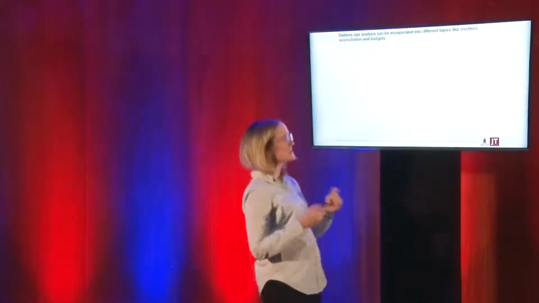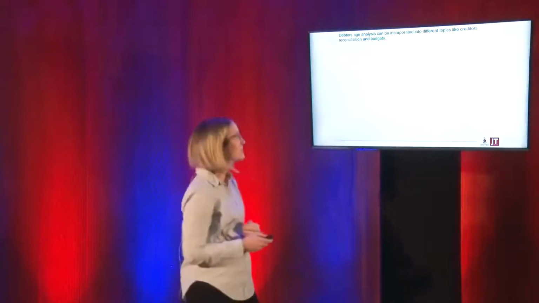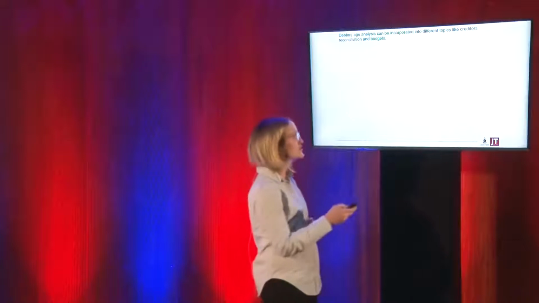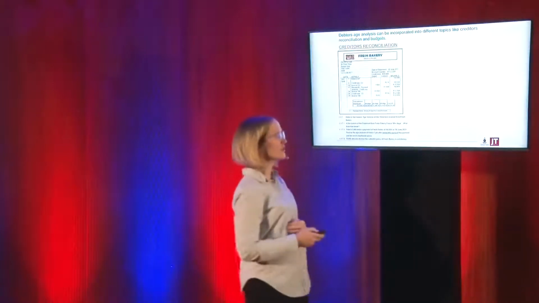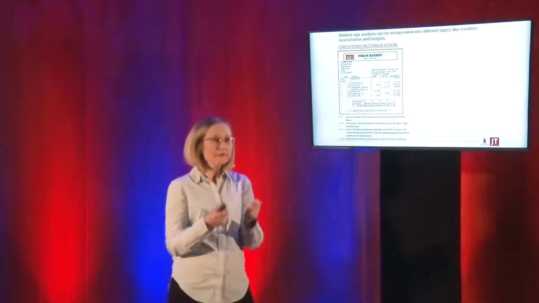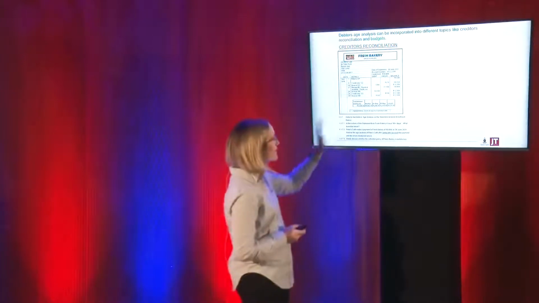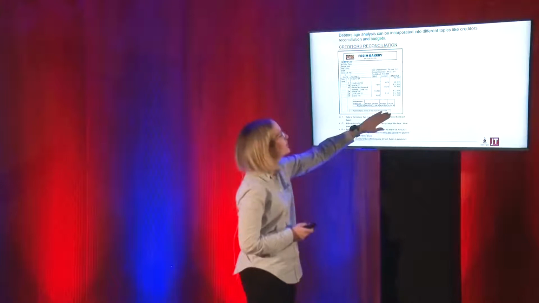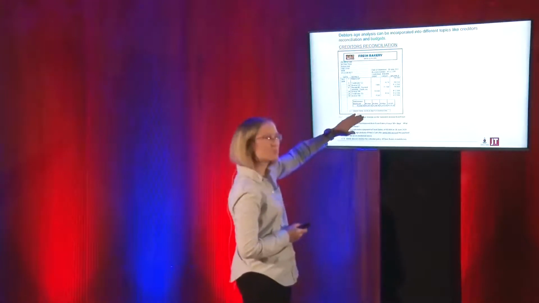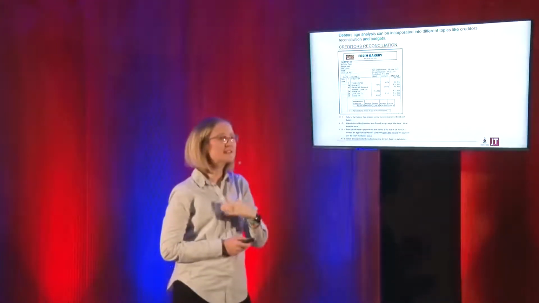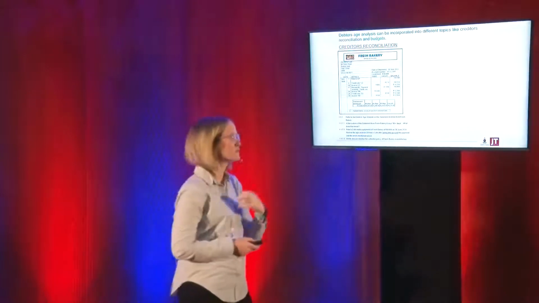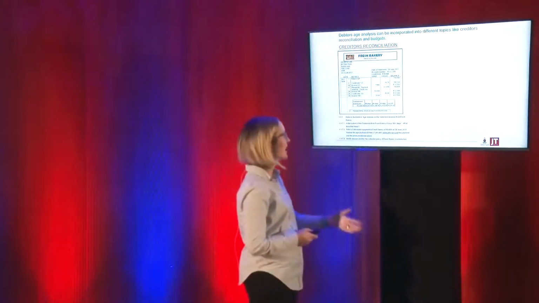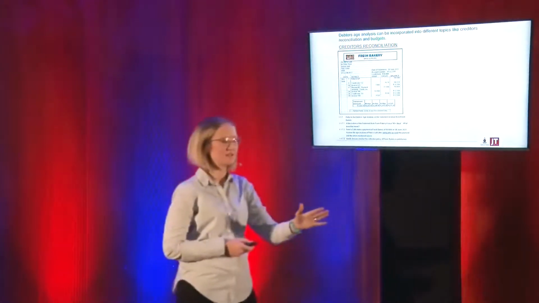If I look at age analysis, this can be incorporated into different topics. And the first one that we're going to look at is the creditors' reconciliation. So if we receive a statement from our supplier, on that statement we will have an age analysis which tells us what is the debt outstanding for 90 days, 60 days, 120 days plus.